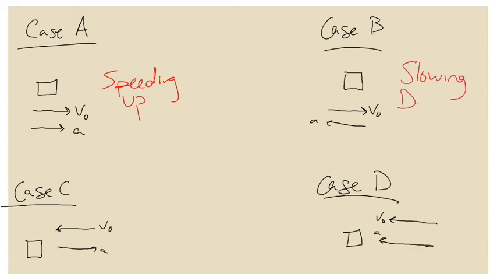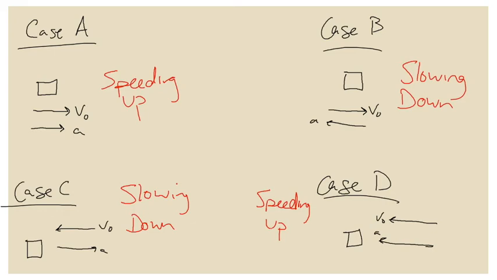This object is slowing down. In case C, this object's initial velocity is to the left, but the acceleration is to the right. This object is slowing down. And in case D, the acceleration and the velocity are in the same direction. So this thing is speeding up.